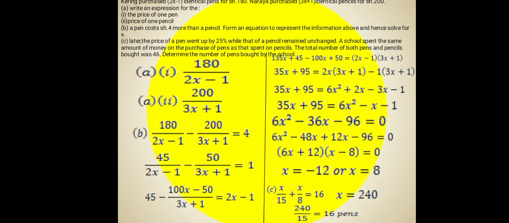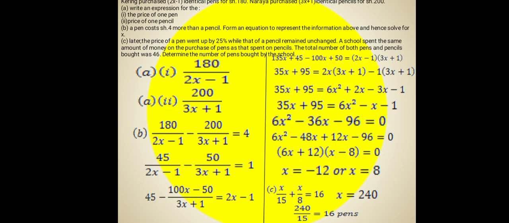Now here we shall derive an equation, and it will be x over 15. x is the amount spent on pens or pencils, because we are told it was the same. So x divided by 15, which is the new price of a pen, plus x divided by 8, the price of a pencil, we should get 48.